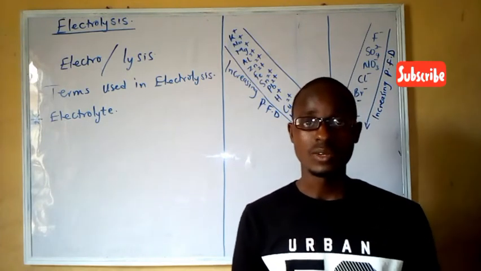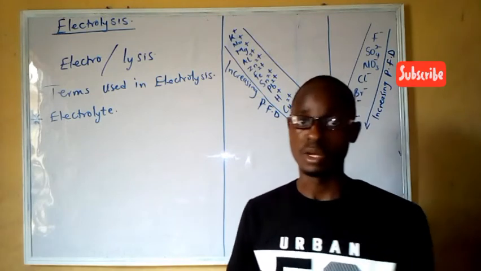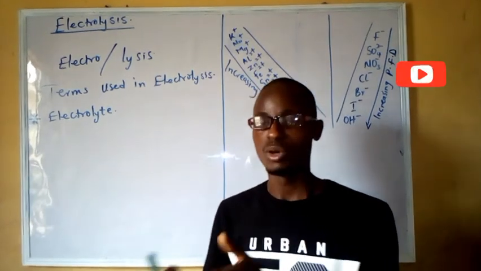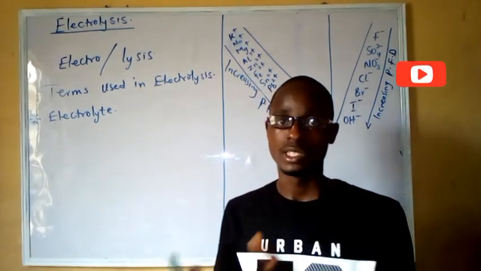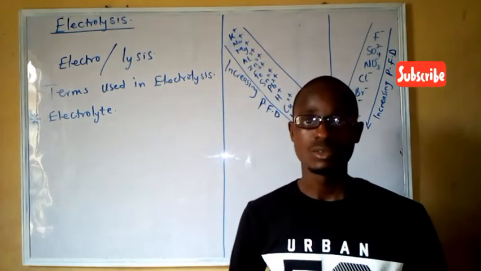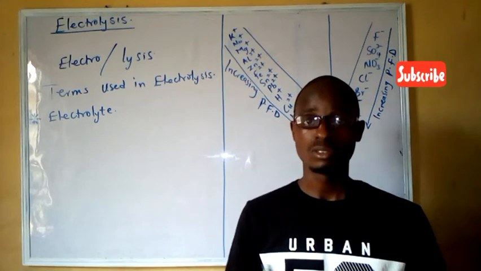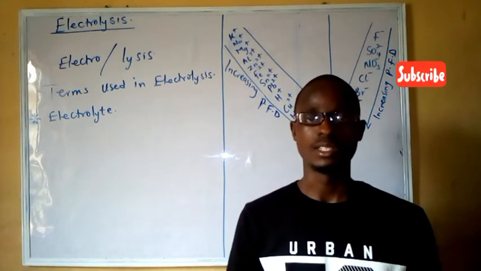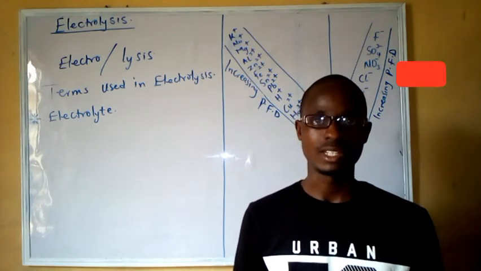If it is a material that doesn't dissolve but can be melted, then once it gets into its liquid state, either by melting or by dissolving, it becomes a conductor of electricity. So such a substance is regarded as an electrolyte.